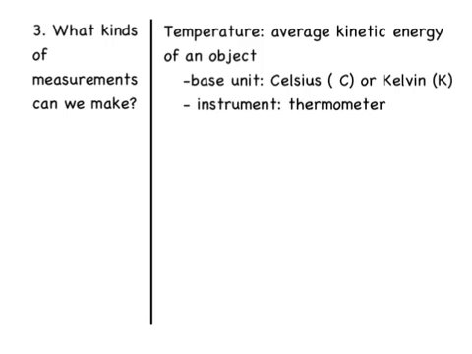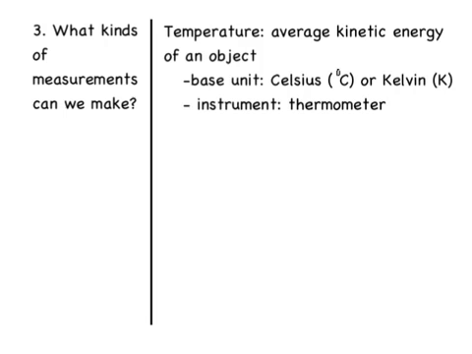But again, that's just the average kinetic energy of the molecules in your body. So it's kind of cool to think about. We'll talk more about that when we get to our upcoming units about temperature. Now, the base unit of temperature is degrees Celsius or Kelvin. Okay, so degrees Celsius or Kelvin, and the instrument that we use to measure temperature is a thermometer.